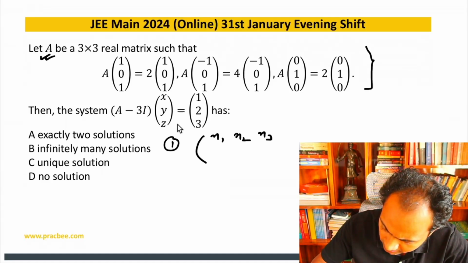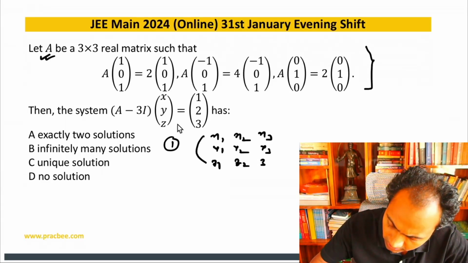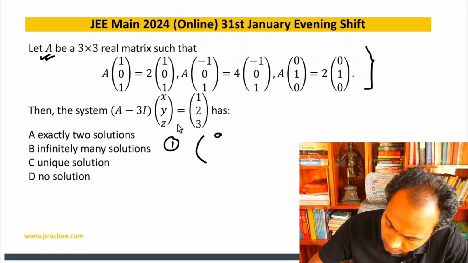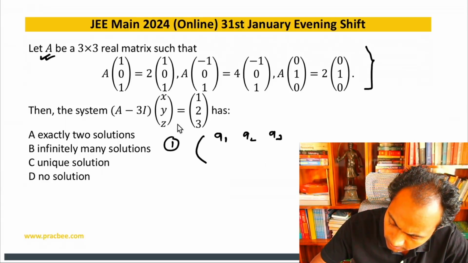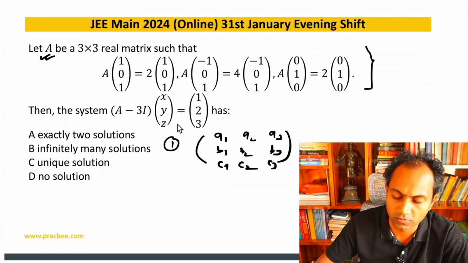If I try and figure out the value of A, the first step would be to write it as x1, x2, x3, y1, y2, y3 and z1, z2, z3. It would be better if we write it as a1, a2, a3, b1, b2, b3 and c1, c2, c3 in order to avoid any kind of confusion in future.